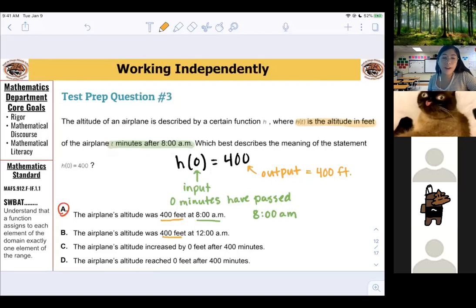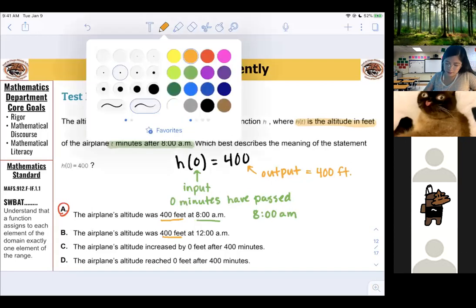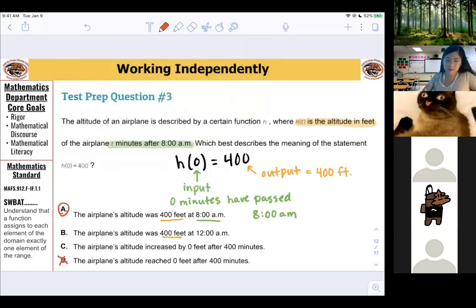So even though it could be possible, it's not necessarily, what was the word you used before? I really like the way you said it. It's possible, but it's not reasonable. Okay, so it's possible that it could be at 0, but 400 minutes is a very long time to be stationary. So that one you could have kind of X'd out just because it doesn't make sense.